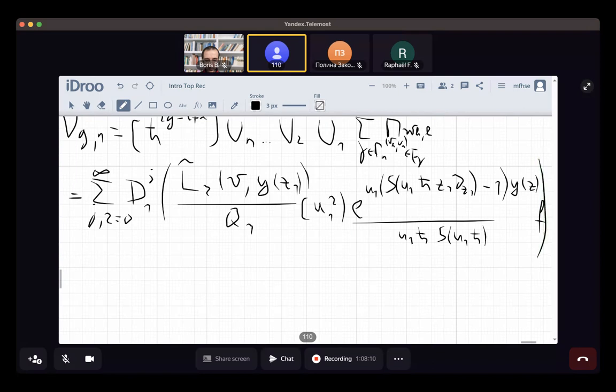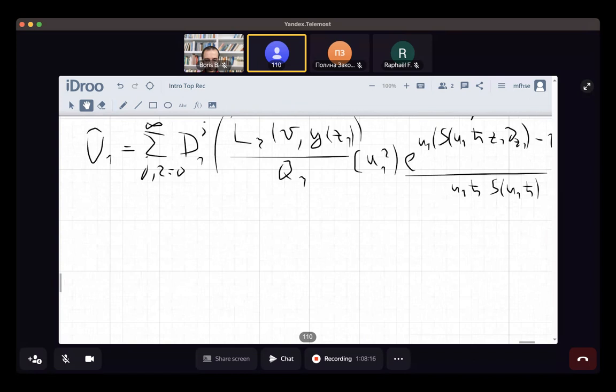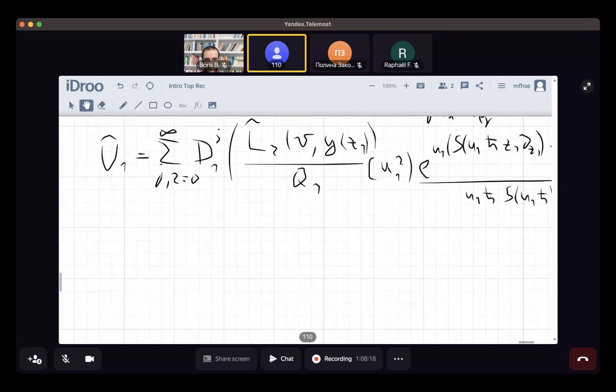So here you see that the formula is precisely the same as for U. The only difference is that instead of L, you get L tilde. And now let me write what this L tilde is.